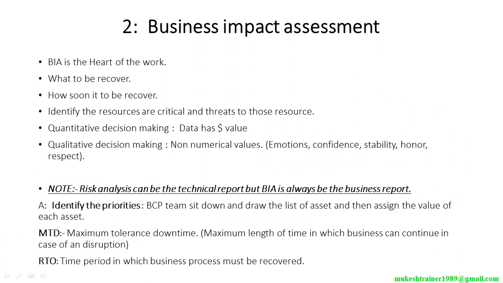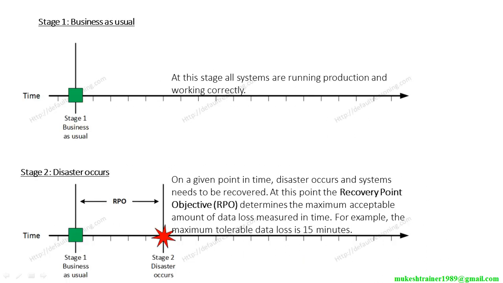The next one is RTO, the time period in which a business process must be recovered. So for recovery time, you should put a time frame by looking at your business, how long you can give at maximum, so your clients and customers can start accessing it again. Business as usual, stage number 1, first picture: all systems are running, production is working correctly.